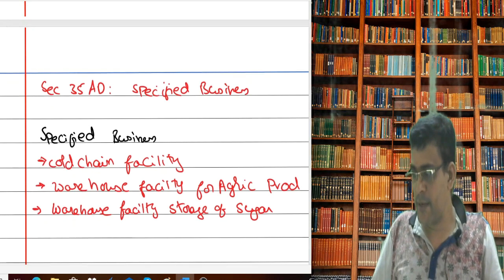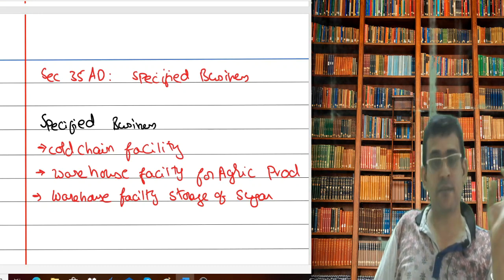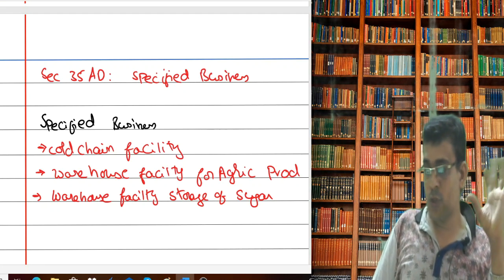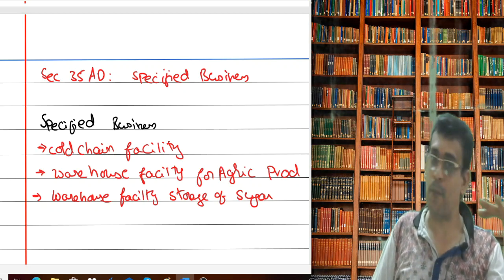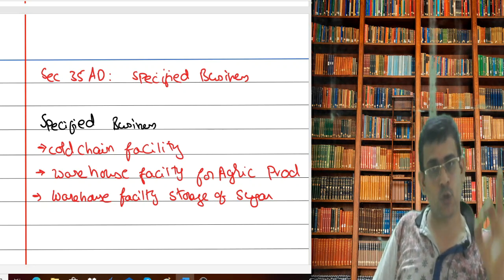Again, any person who is providing a cold chain facility, I am putting this in an easy order for your remembrance. Storage: all the three categories of storage I am putting in one place. Cold chain, agriculture products, sugar.